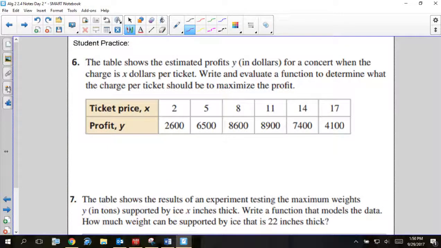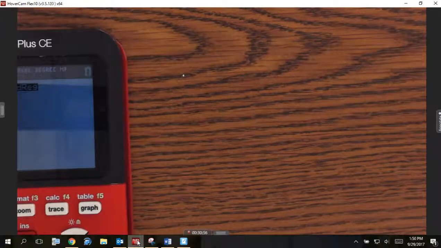This one, you are going to find the equation, but then it also says find the charge per ticket to maximize the profit. So we are going to need to graph it and find the vertex at that point too. So try this one. I'm going to say what I'm doing while I'm doing it for the video, but you can work ahead of me.